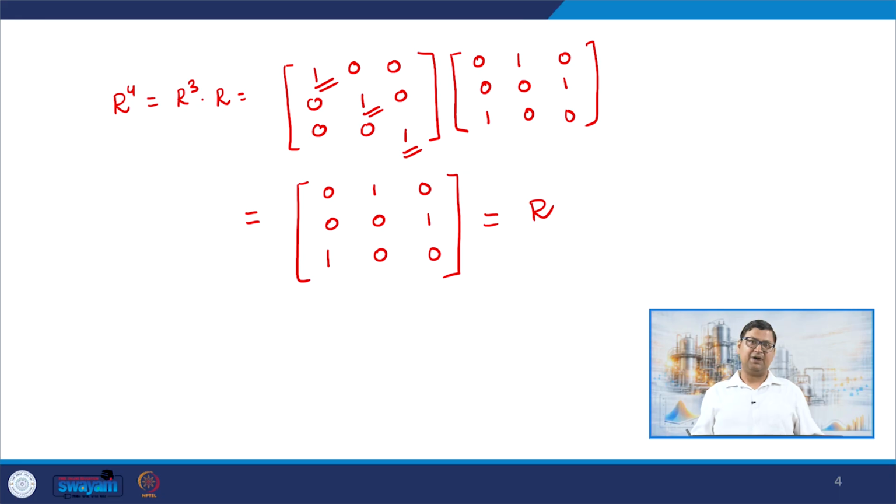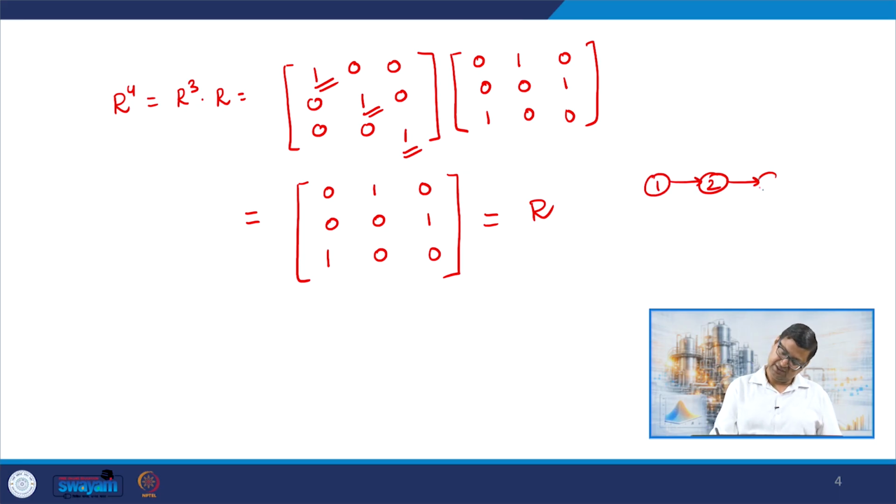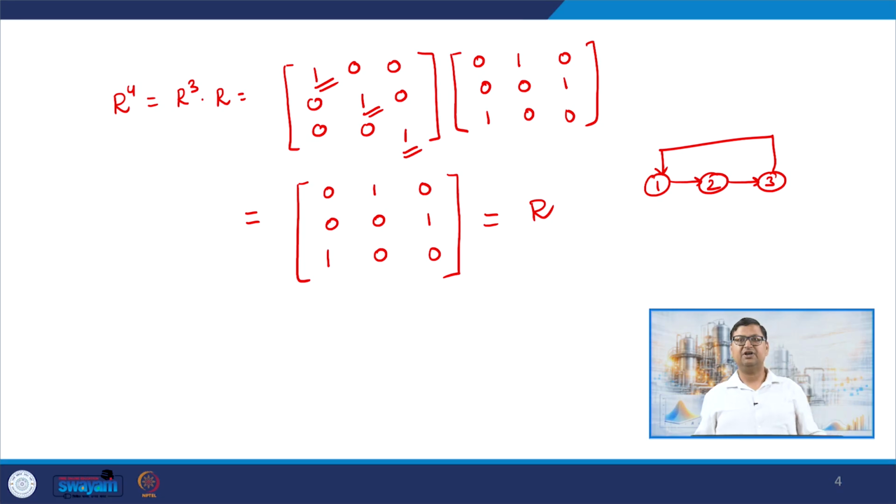So 4 step paths are same as 1 step path, and that's not very difficult to see because I am visiting the same vertex in 3 steps, and then I can complete the loop, come to the same vertex, and then do a 1 step path, right? So basically all the 1 step paths can also be done in 4 steps, because 3 steps is pretty much returning me to the same point where I began, right?